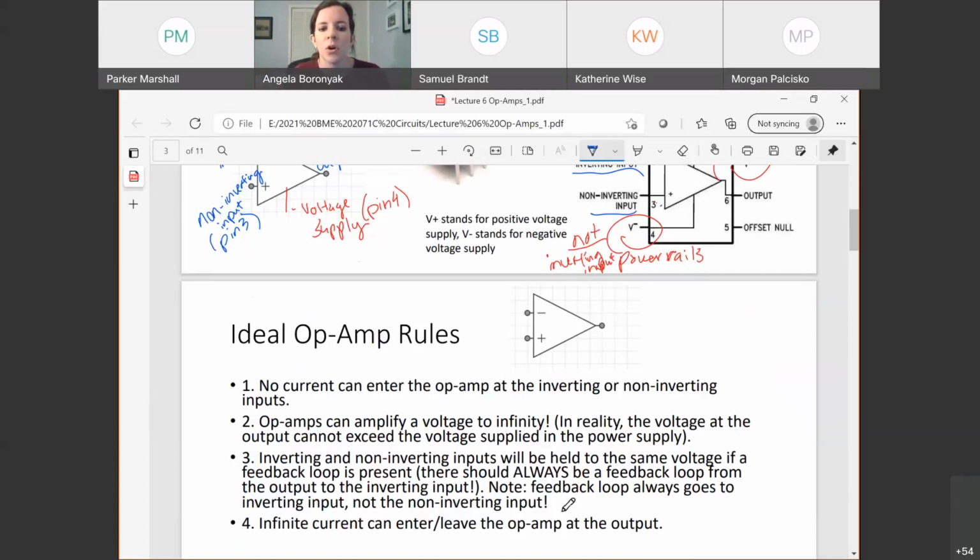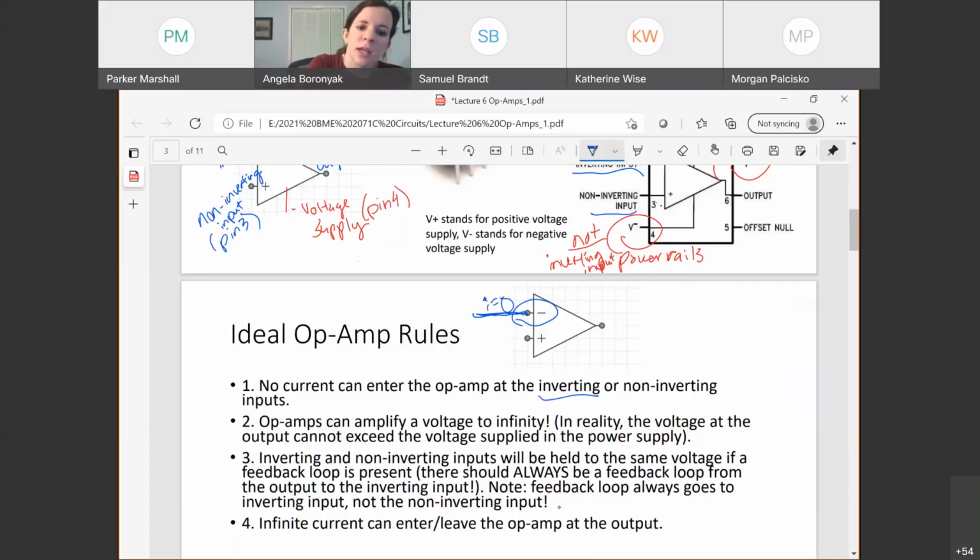Rule number 1, no current can enter the op amp at the inverting or non-inverting inputs. So my inverting input is this guy. If I have anything attached in a wire to him, or in real life, anything in the row that goes with that pin, which is pin 2, that current on that branch of wire has to be 0.